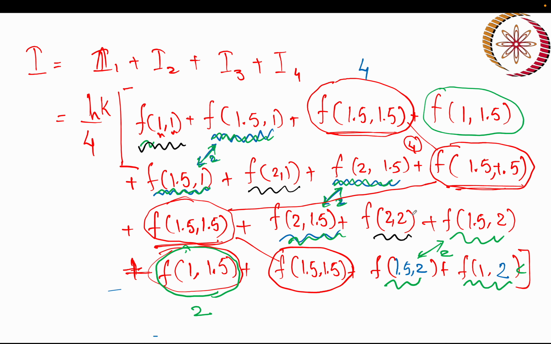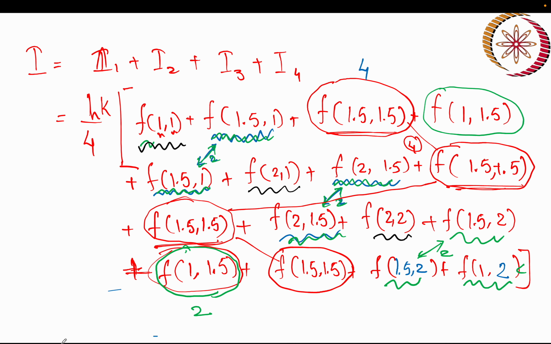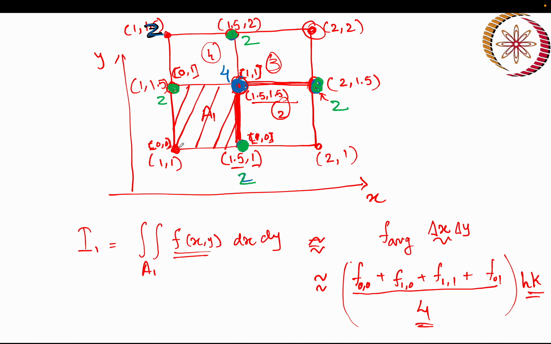Okay, so now it's correct. So I think we took black. Then this underlined term, which is this one. So these terms underlined with black color are all corner points, and all these corner points have only come once.